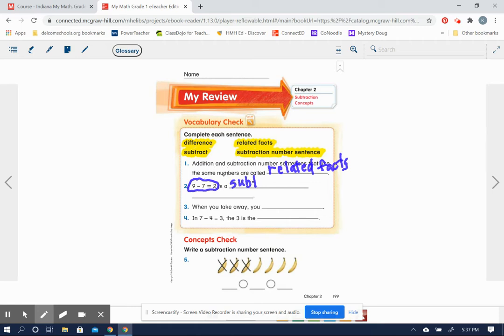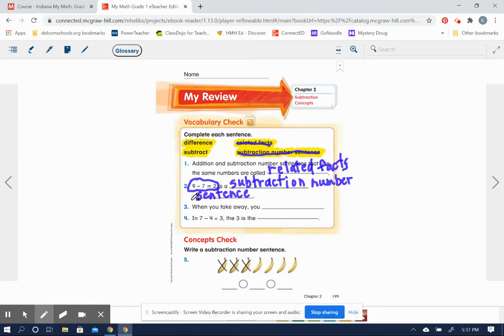Subtraction number sentence. Okay, and let's go ahead and mark these out so we know we've already taken care of those.